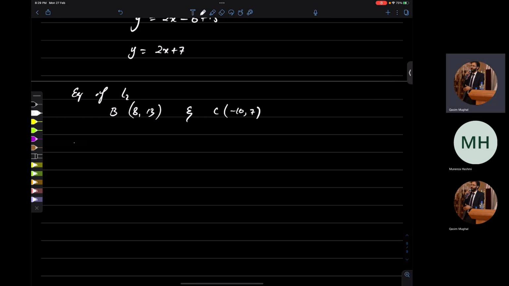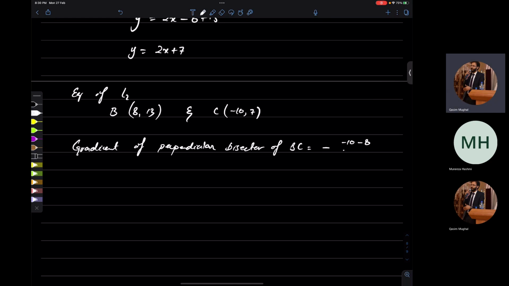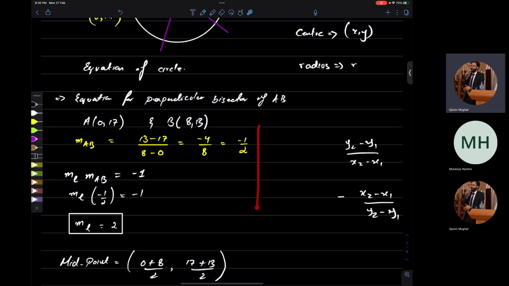All right, so the gradient of the perpendicular bisector of BC will be equal to negative of x2 minus x1 over y2 minus y1. If this is confusing to you, you can stick to the normal method which you've been doing earlier, this one. Okay.